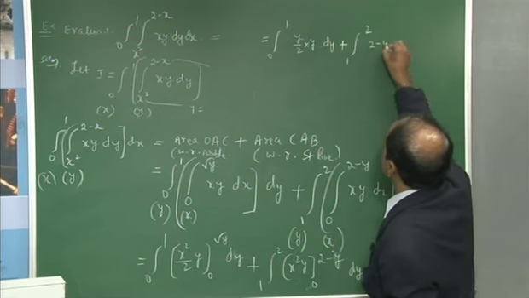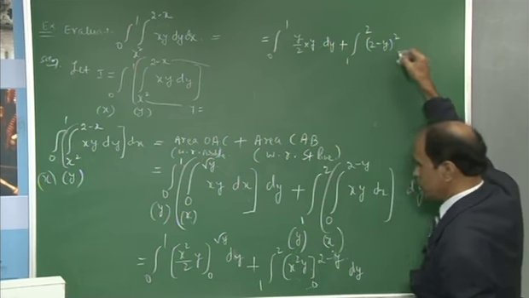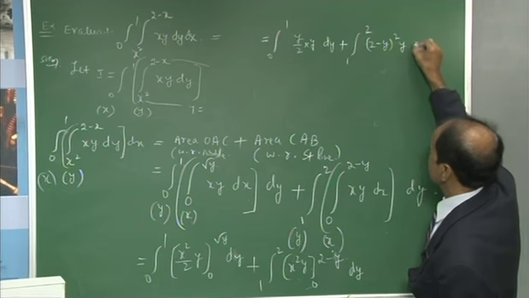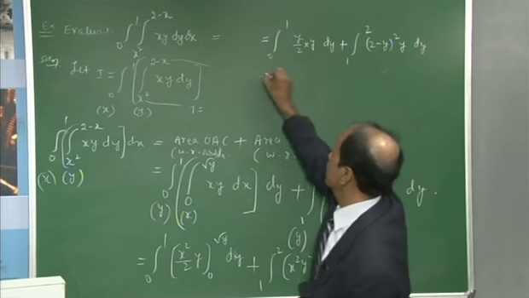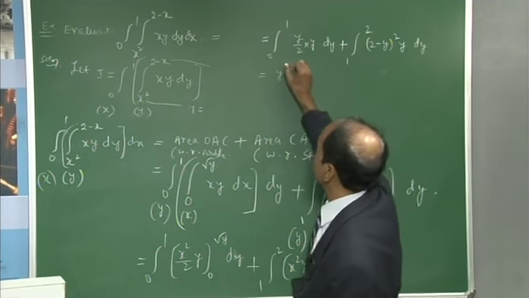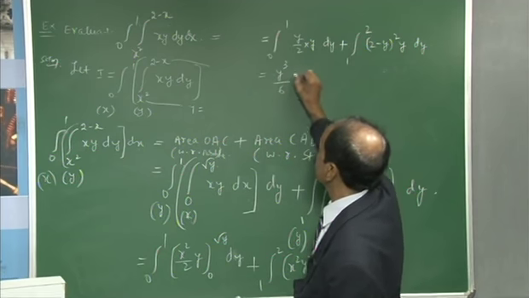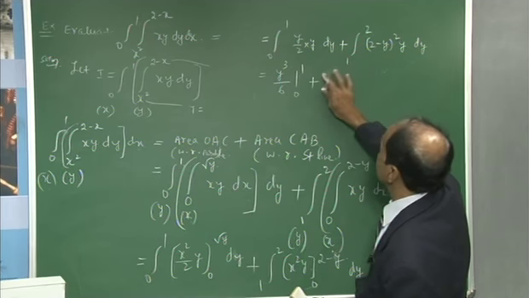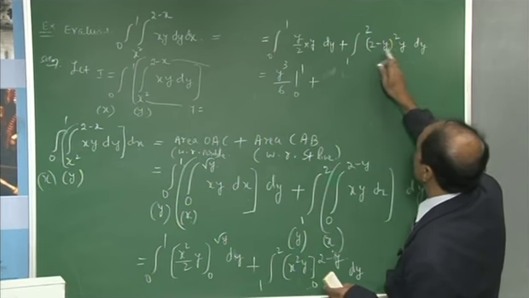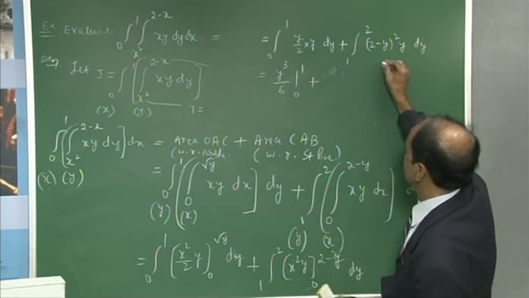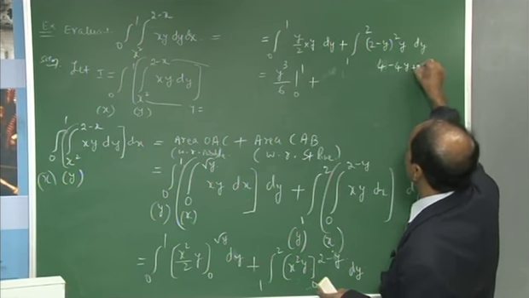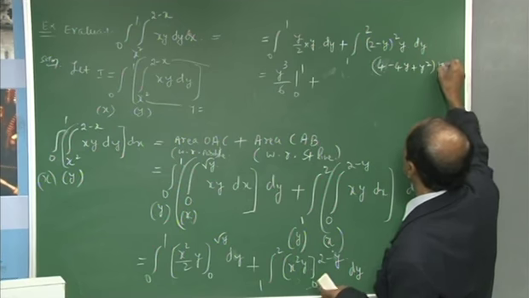So 2 minus y, x square is there, you have to make it as whole square, and y, and lower limit obviously will not exist. This is dy. Integration is y cube by 6 between 0 and 1, and plus 2 minus y whole square, that is 4 minus 4y plus y square multiplied by y.